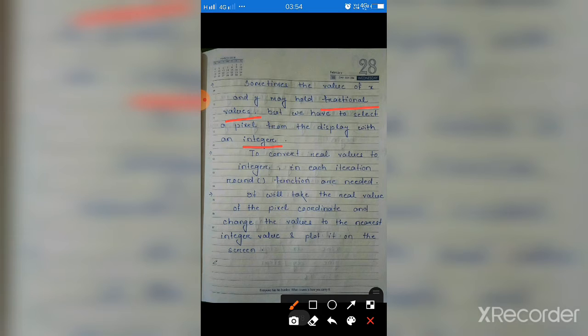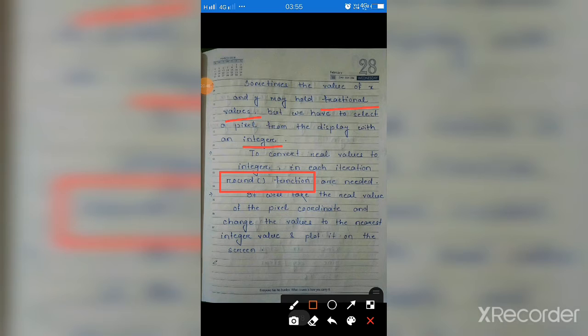To convert a real value to an integer, in each iteration round off functions are needed. It will take the real value of the pixel coordinate, change it to the nearest integer value, and plot it on the screen. So in this way we have to draw a line.